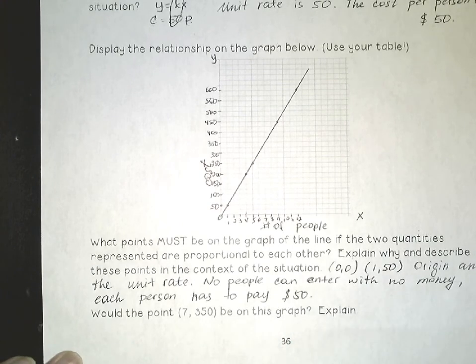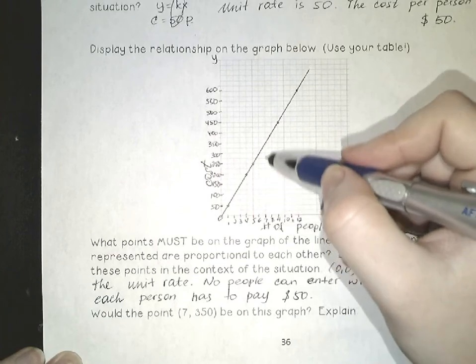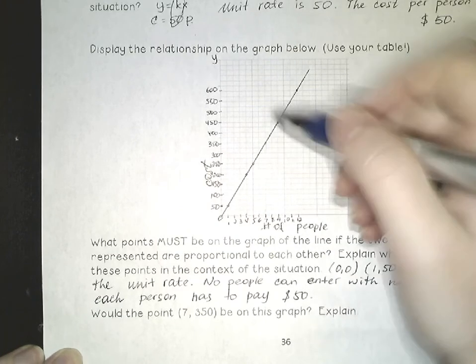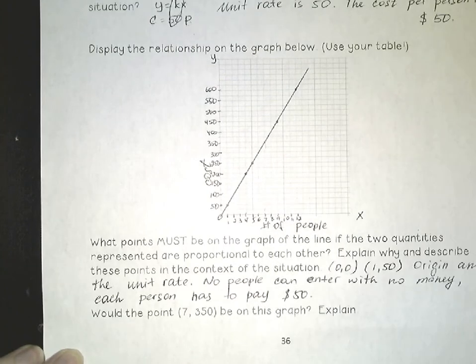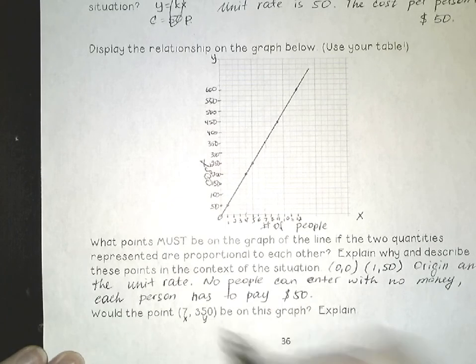Would the point 7, 350 be on this graph? Explain. How can I see whether or not this point is on the graph? Well, I can look at the graph and see that here I have 7 and 350. So yes, I can see it right away, but again, I cannot trust my eyes in math and I need to prove it. 7 is my x and 350 is the y.